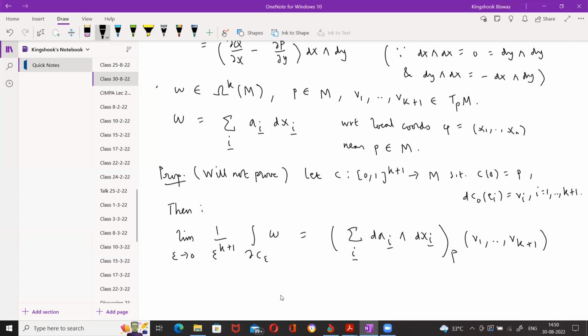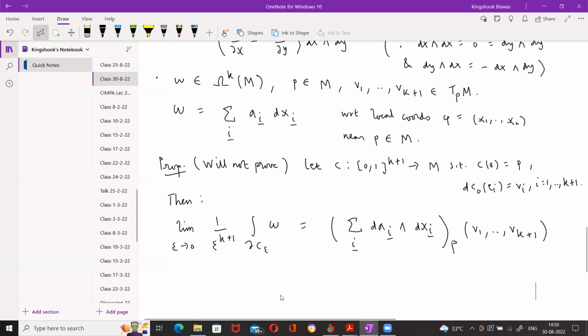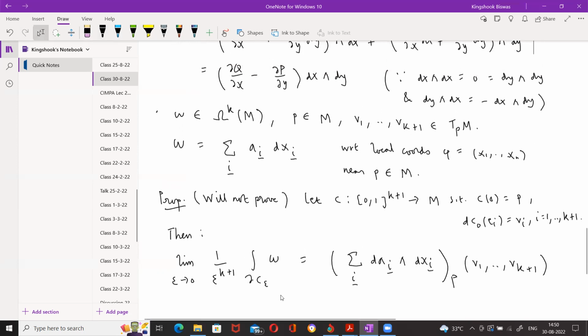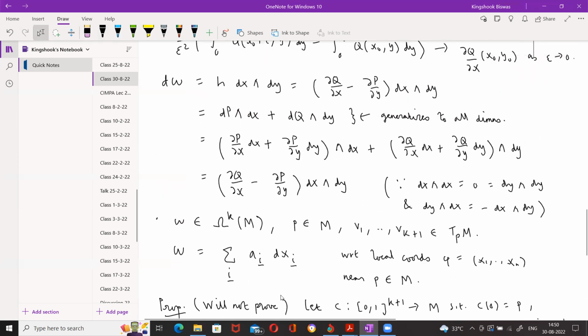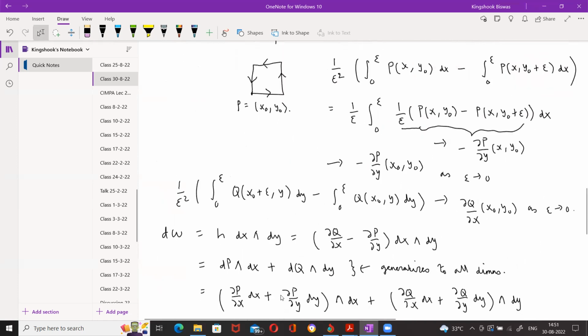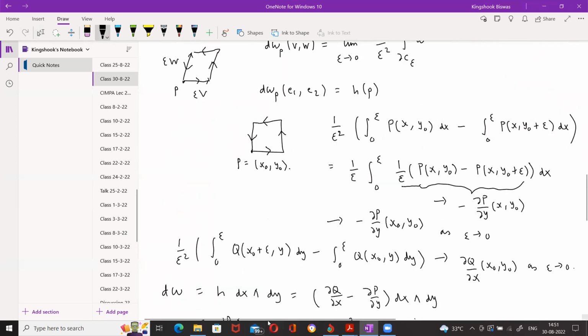Is this all right? Okay, so we won't prove this, but you can understand where these derivatives of the A's are coming from. Basically, when you integrate over a boundary, you have 2k plus 1 faces, and they occur in pairs with opposite signs.